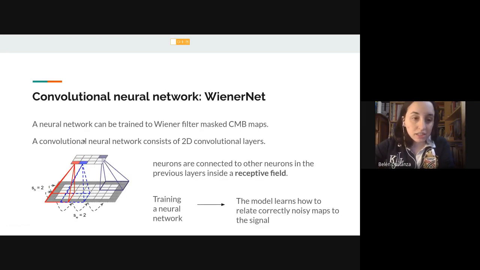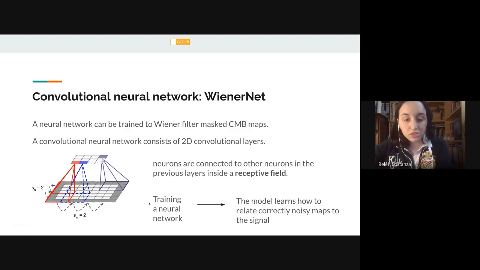So we studied how to apply the Wiener filter with convolutional neural networks for masked CMB maps. A convolutional neural network is composed of two-dimensional convolutional layers in which the neurons in a layer are connected to neurons in the previous layer inside a receptive field, and the stride is the shift between the receptive fields.